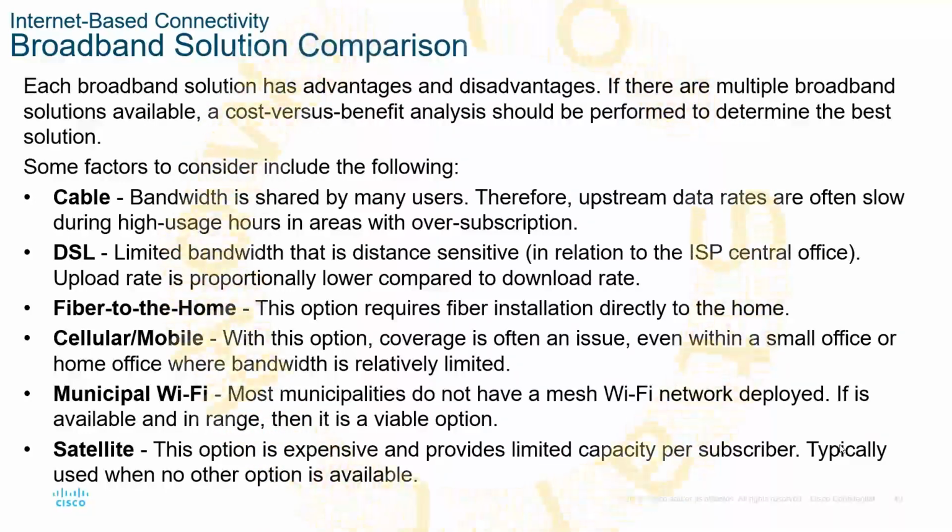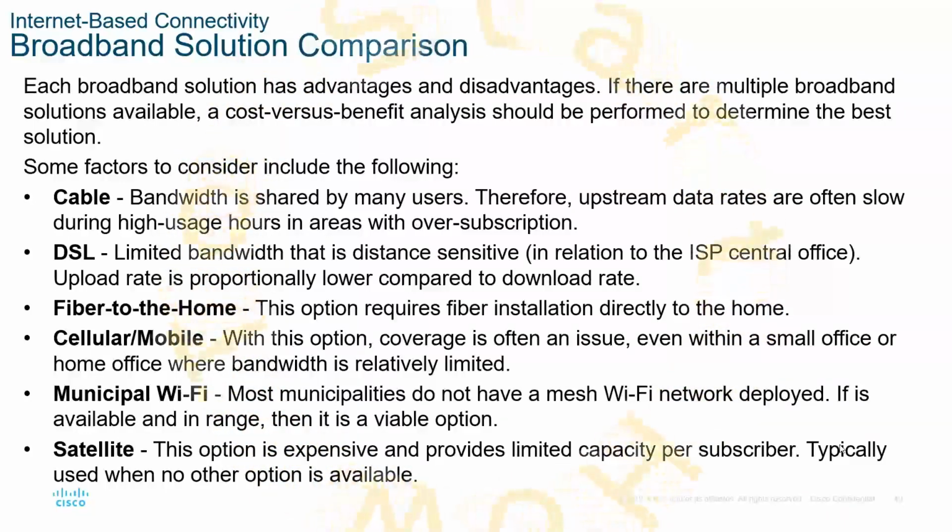Fiber to the home requires fiber installation, and that's becoming more common. Cellular or mobile broadband is based off of cellular signal. If you're in an area that has poor cellular reception, that won't work for you.